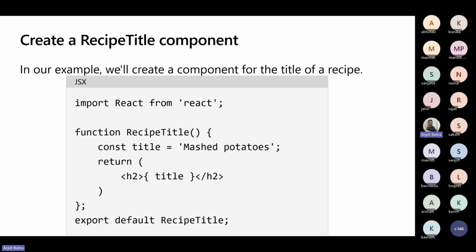In our example, we will create a component for the title of a recipe. And there is another code in JavaScript, which you can see in the slide. Now we have explored the code. Notice that we create a constant named title.